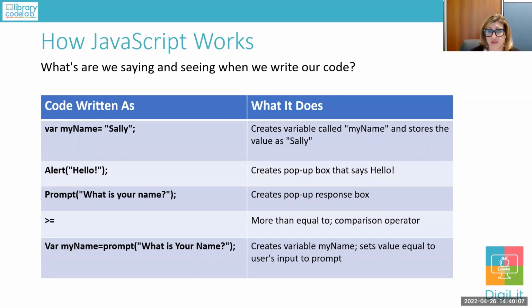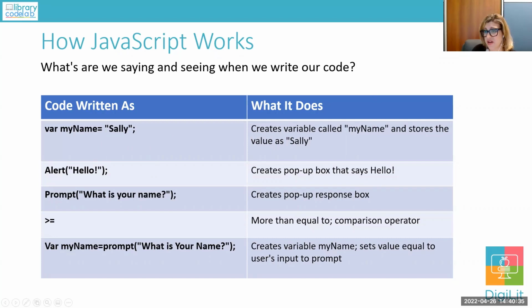A big advantage of JavaScript is that it can do calculations and make decisions without having to send information back to our server. What we've got on this page is our code, which doesn't really make a lot of sense until you get an idea of what it's supposed to be doing.